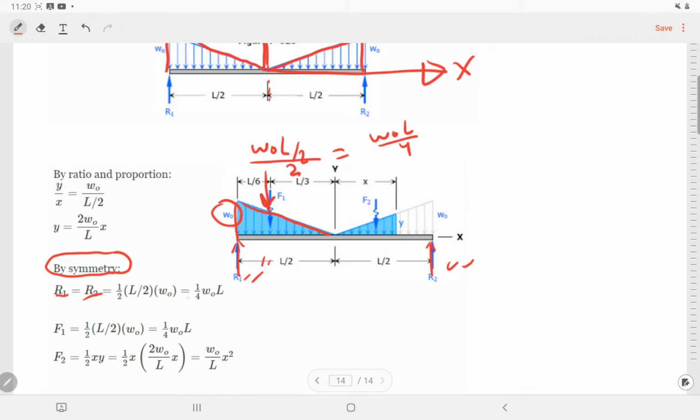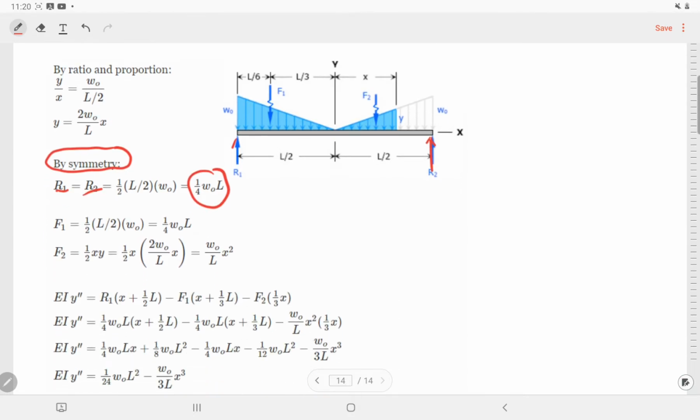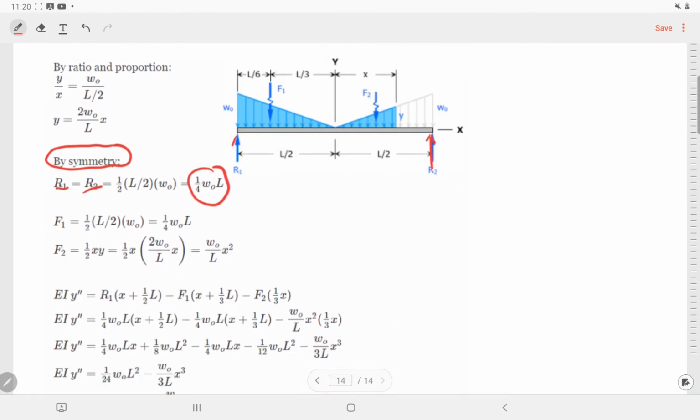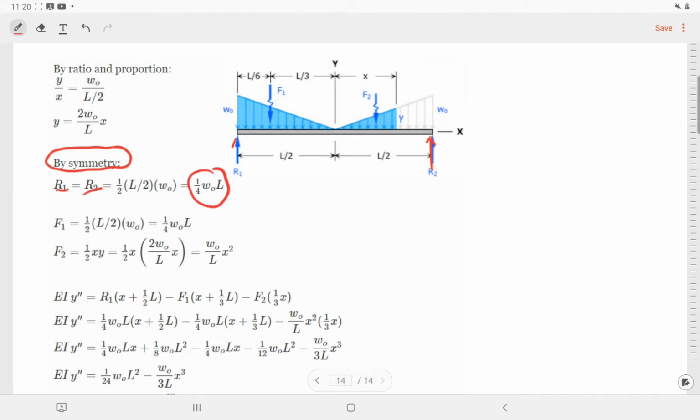So r1 equals r2 and equals a quarter w naught l. The second thing is to find the moment equation.